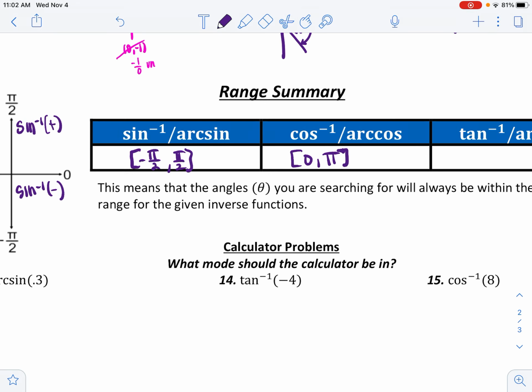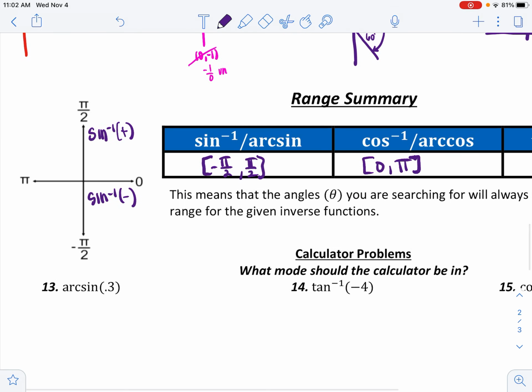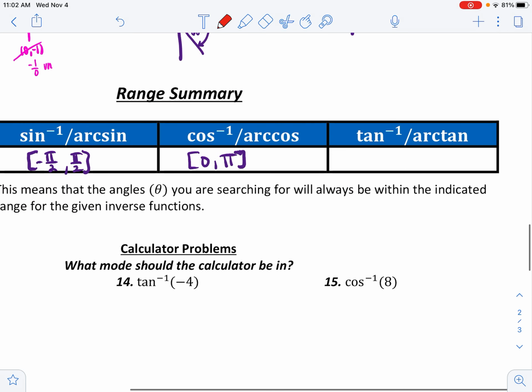Cosine inverse is defined in my first and second quadrant, so in between 0 and pi. Cosine inverse is defined in this quadrant and this quadrant. It's negative in this quadrant, so if I give you a negative number, it's in that quadrant, positive in this quadrant.